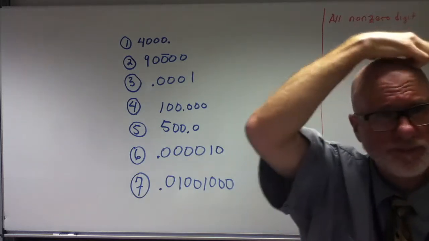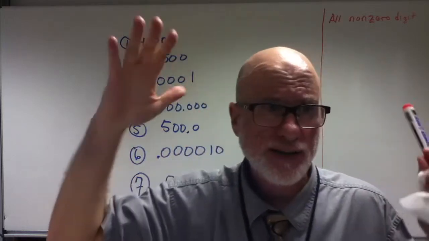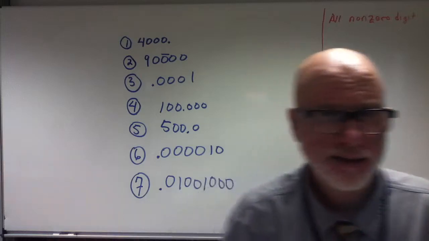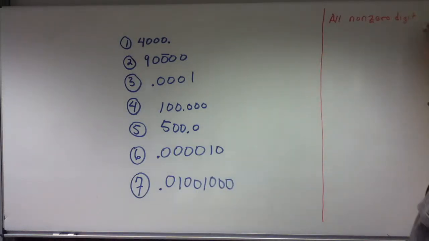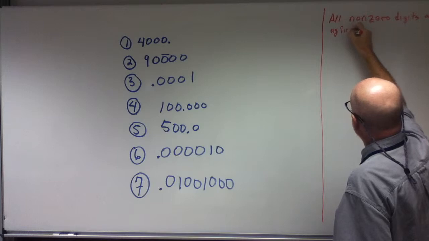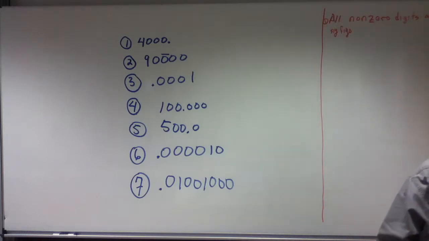What's a digit? It's a numeral. There are 10 numerals: a 0 and then 9 non-zero. Okay? All non-zero digits are significant. We're going to call them sig figs, okay? That's Rule 1.